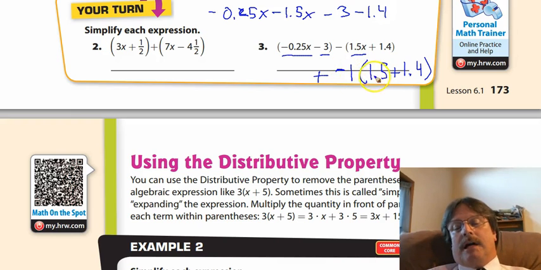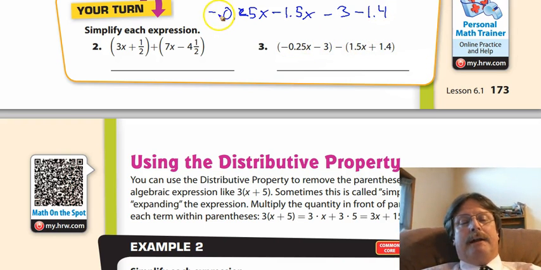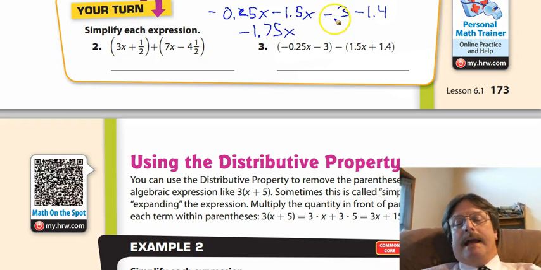So negative 1 times 1.5 is negative 1.5x, and then a negative 1 times a positive 1.4 is a negative 1.4. So now if I combine my like terms, negative 0.25x minus 1.5x is going to be negative 1.75x, and then negative 3 minus the 1.4 is going to be negative 4.4.